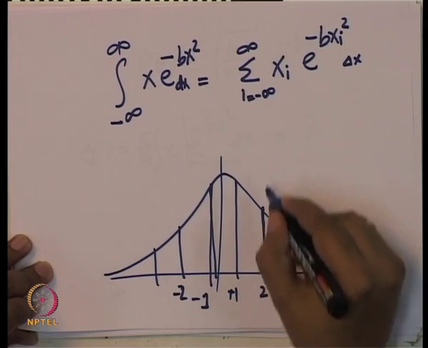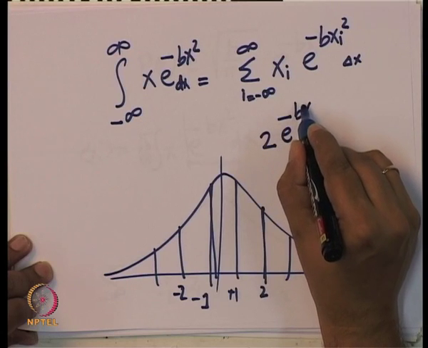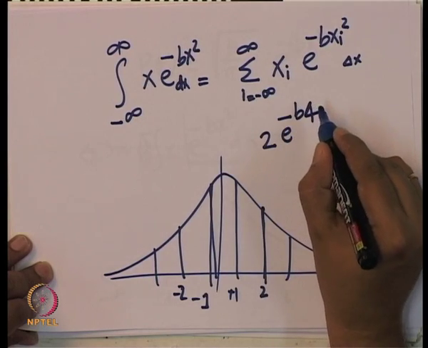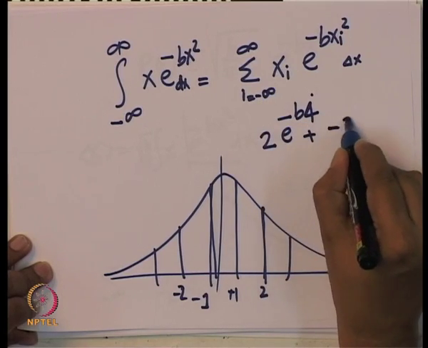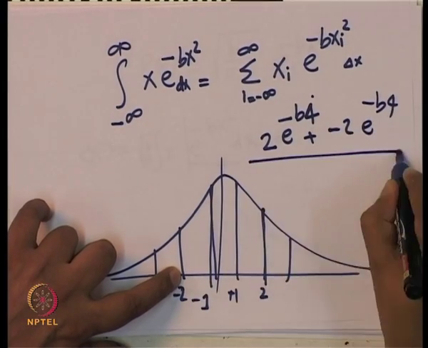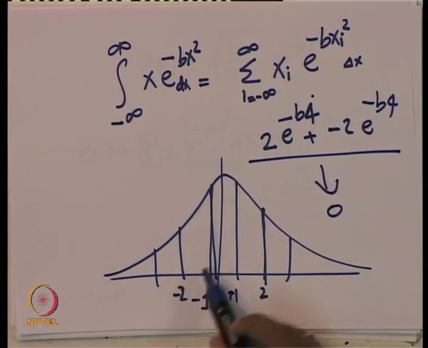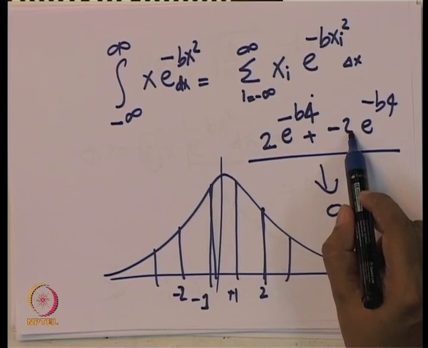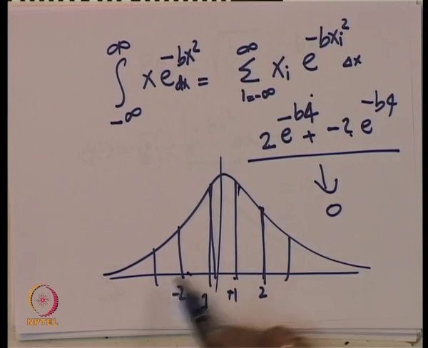At 2, you get 2 into e power minus b x square, with x square being 4, plus minus 2 e power minus b 4. So, this is 0. You are multiplying with plus 2 on one side and minus 2 on the other, so for every plus value there is a minus value on the other side. So, the total of this integral is 0. This is one way of saying it.